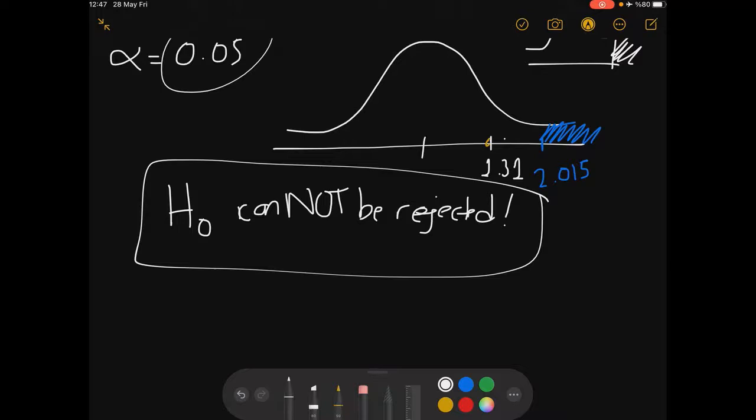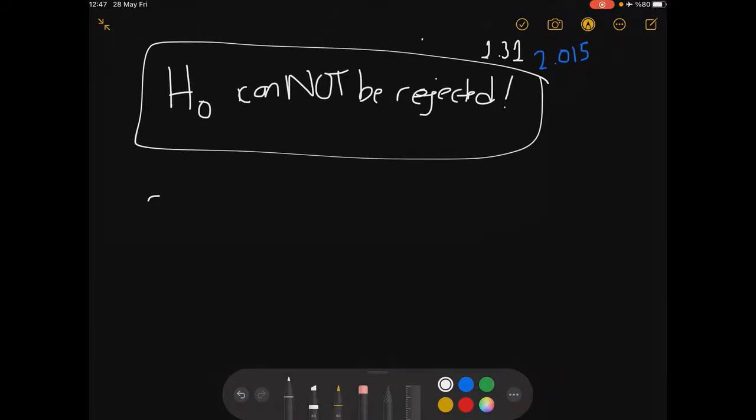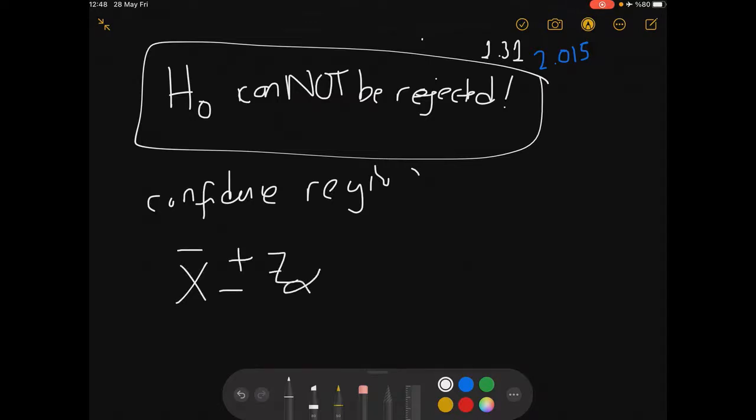Okay, that's what we're finding here. Your confidence region for that particular example before was x plus minus z alpha over 2.